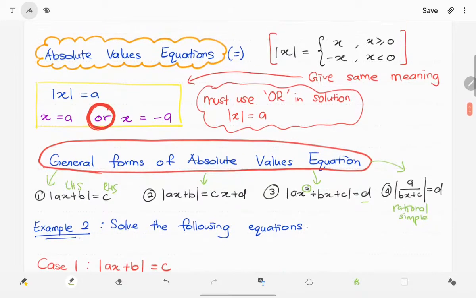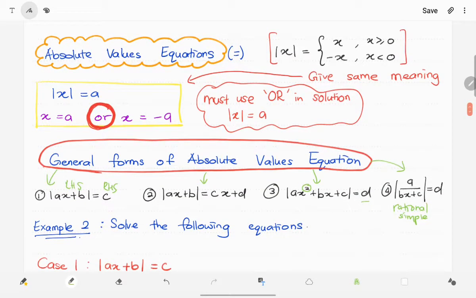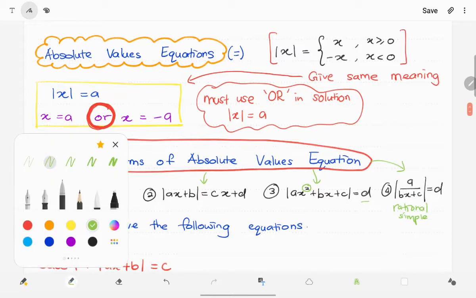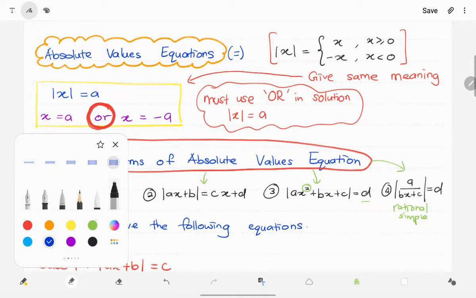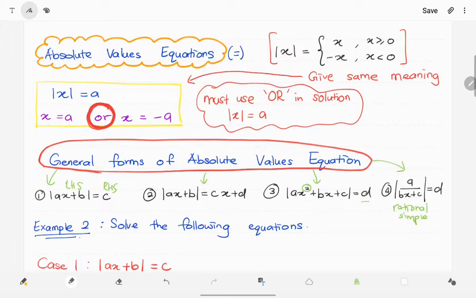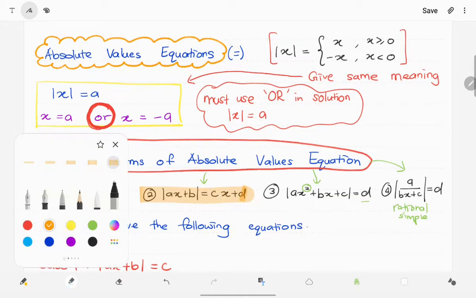There are 4 types, but the ones you need to focus on more are general forms 1 and 2, let me highlight them.